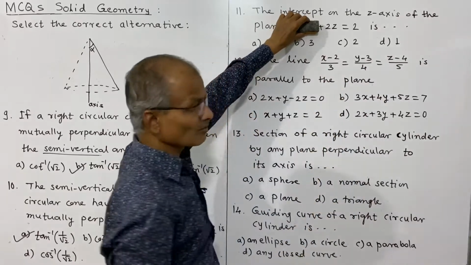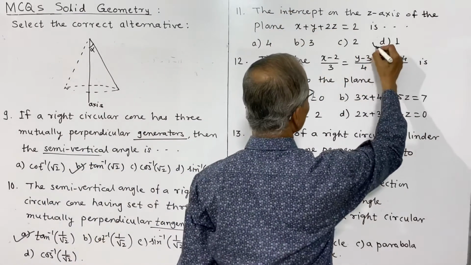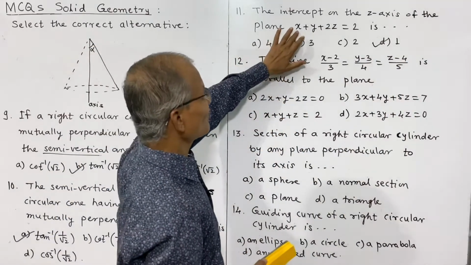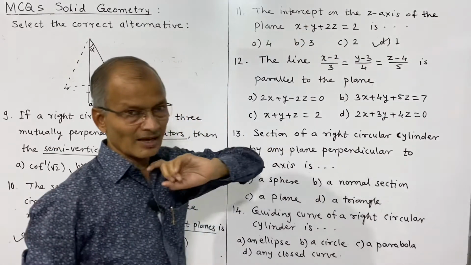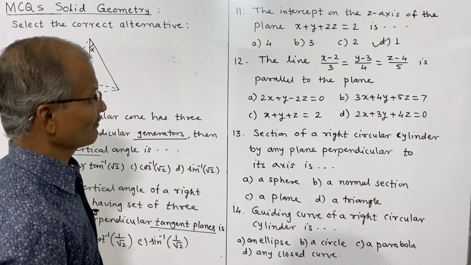This gives z is equal to 1, and therefore the intercept is 1. Similarly, if we are asked to find the x-intercept, then put y and z equal to 0, then x is equal to 2 is the x-intercept of this plane, and similarly you can get the y-intercept.